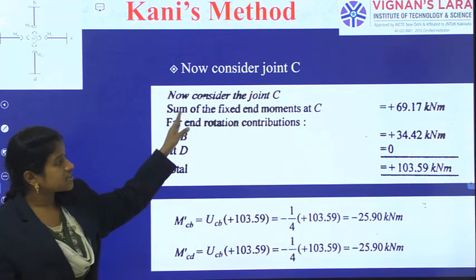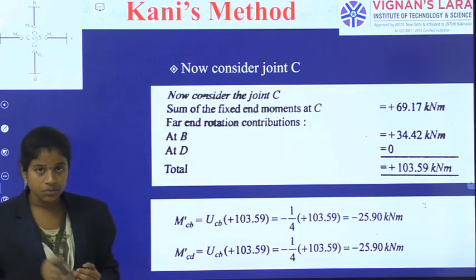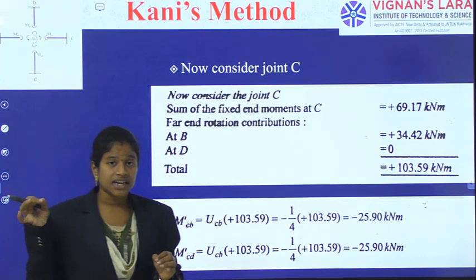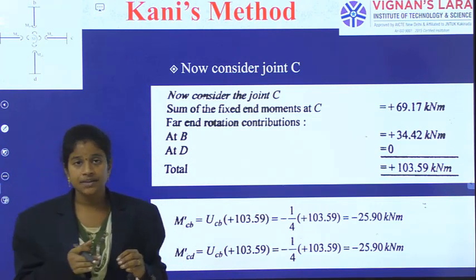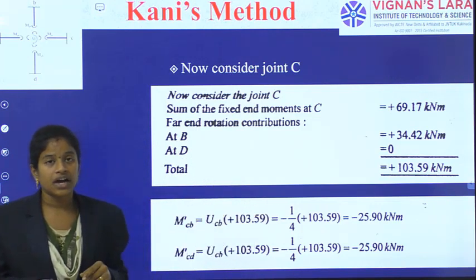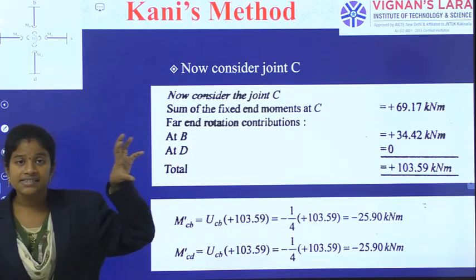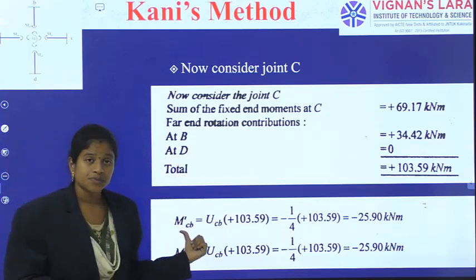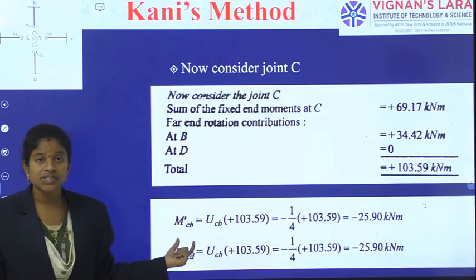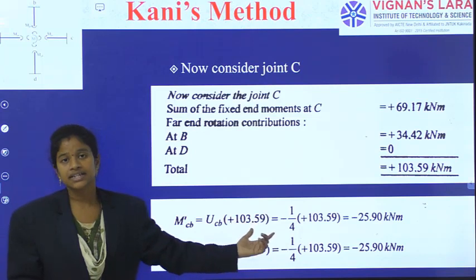In this joint C also, again sum of the fixed end moments, far end rotation contributions at B towards C, at D towards C, whatever the values we should add, and all this summation is the value inside the bracket. The corresponding rotation contributions at the nearer end is equal to rotation factor into the sigma quantity.